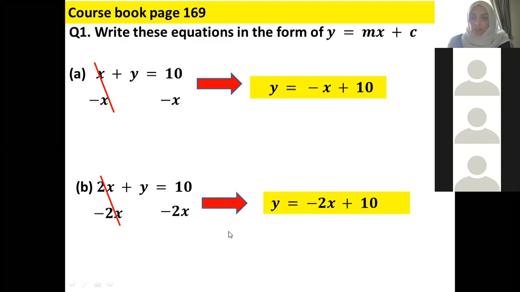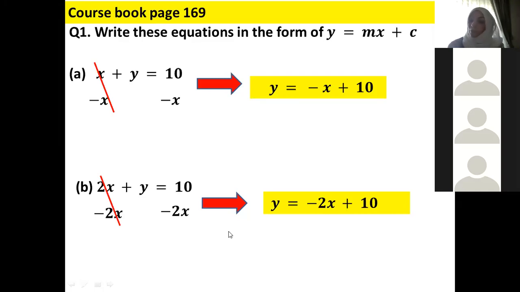Okay, these are two different terms. It doesn't work, let's collect them. So we will just rearrange them, and it will be negative 2x plus 10. Okay? Here the gradient is negative 2x, negative 2. The gradient is negative 2. This line passes through the point 0, 10. Okay? Yeah. Okay. Thank you very much Selina.